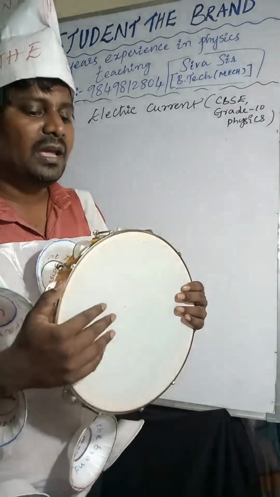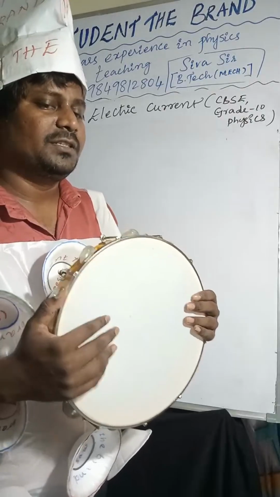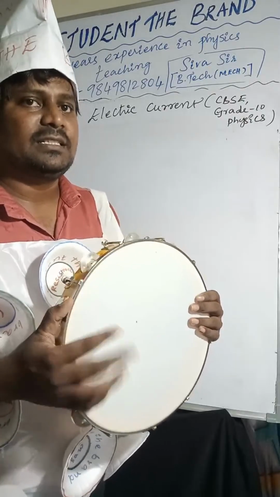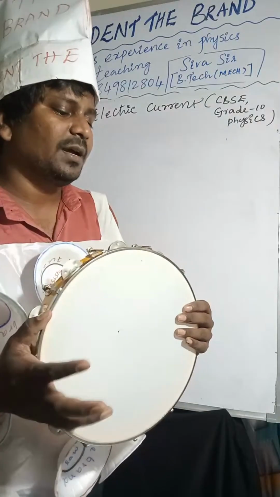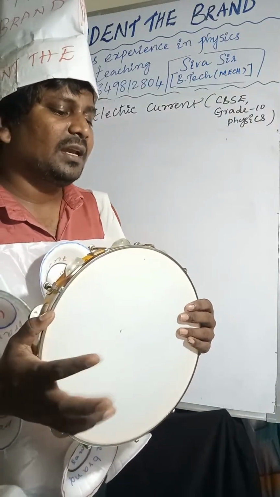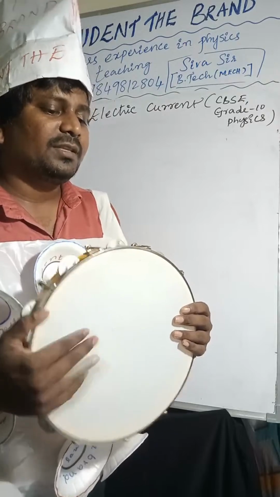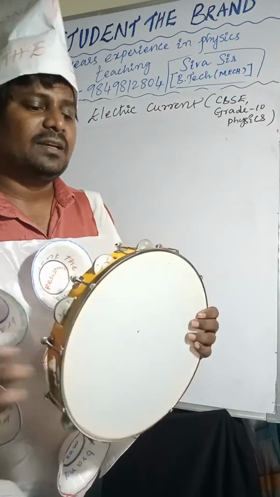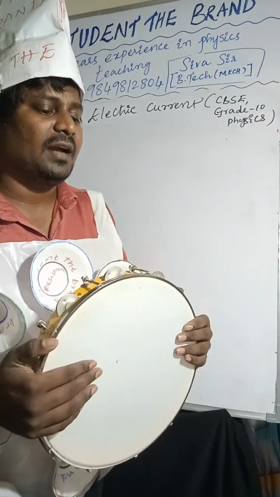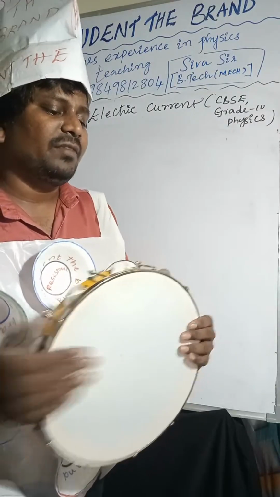Distance negative opposite to the incident ray. Distance positive above the principal axis. Distance negative below the principal axis. New Cartesian sign convention.